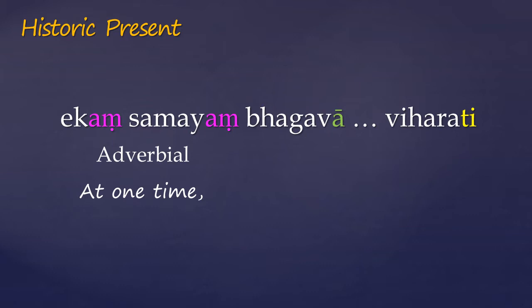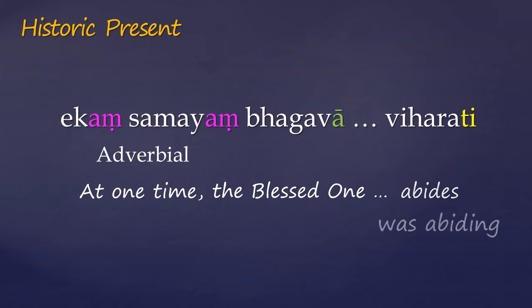And then we have Bhagava, which we now know is the nominative singular, meaning the Blessed One. And this is a common title given to the Buddha. Next there's usually a location given, and the verb he abides. And although this verb is in the present tense, we know from the adverb at the beginning this is actually recounting a past event, and so is an example of what we call the historic present.